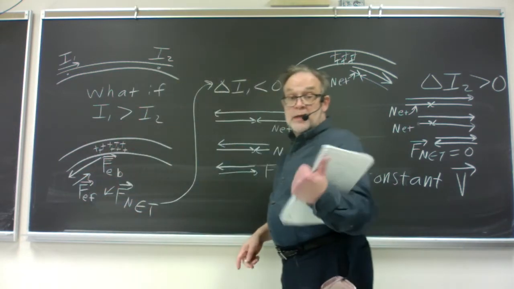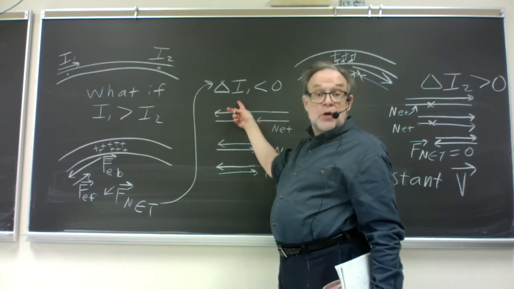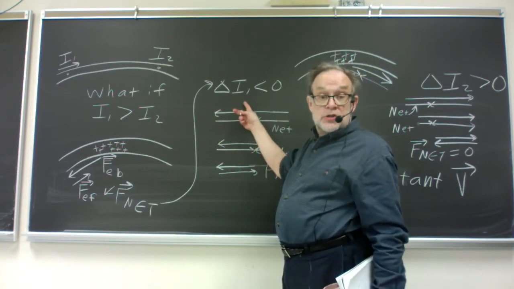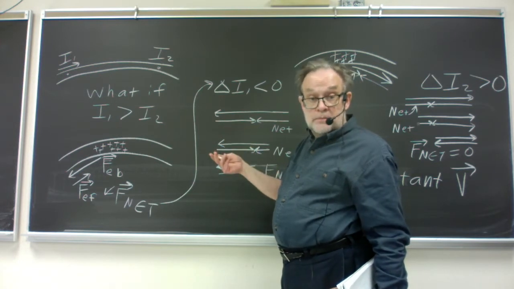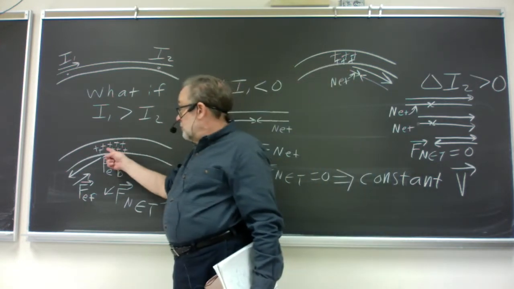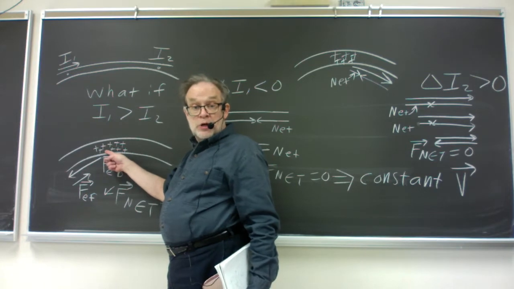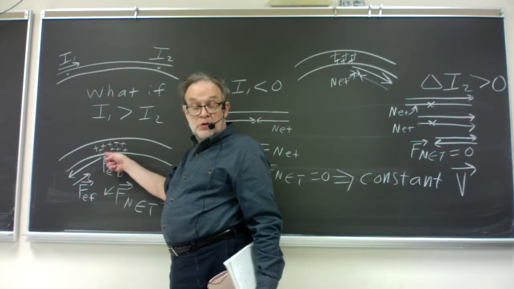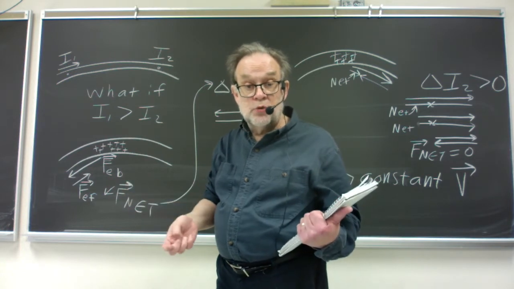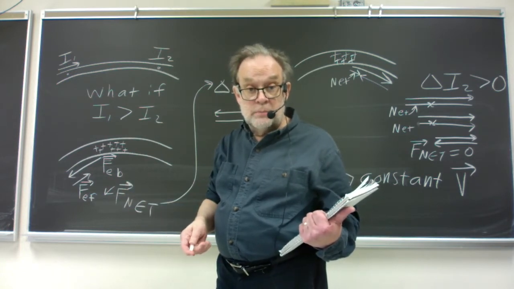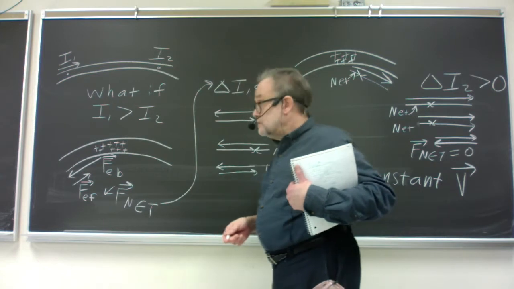So in that case, that makes I1 decrease, a negative change in I1. So I1 slows down. As a result, the rate at which charge piles up in here decreases. So a decreasing rate at which the charge piles up in there.